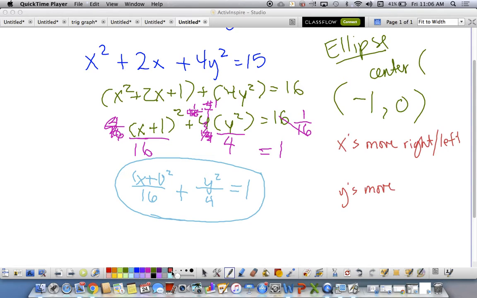Is it 16? Or is it 4? Why would it be 4? Because it's the square root of the 16, which is 4. Yes. Proud of you. What about the y's? They move up and down. The square root of 4, which is 2.